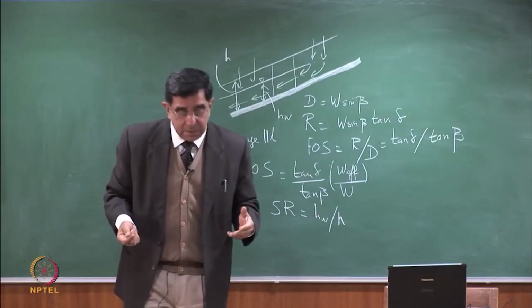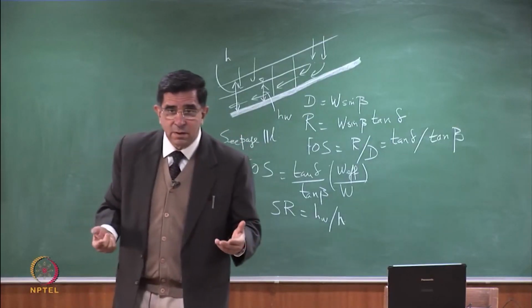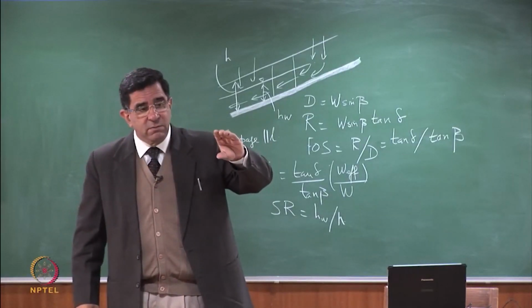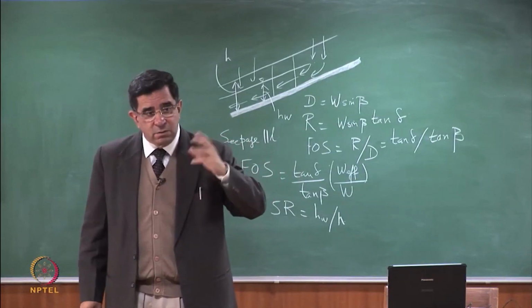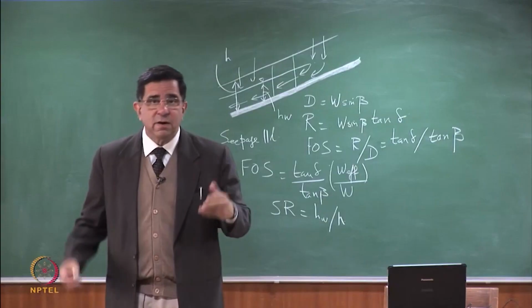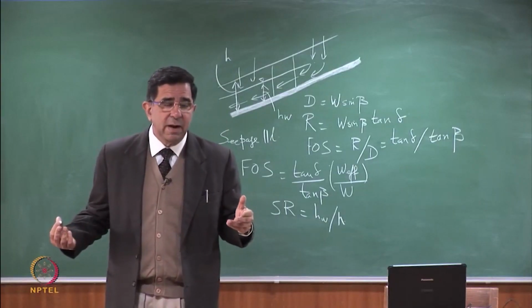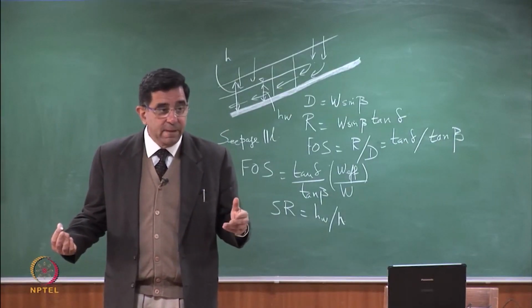When it is 0, it becomes the case of dry soil. So what happens to W effective? When submergence ratio is 0, W effective is equal to W, it crosses out and your factor of safety is tan delta by tan beta, right?